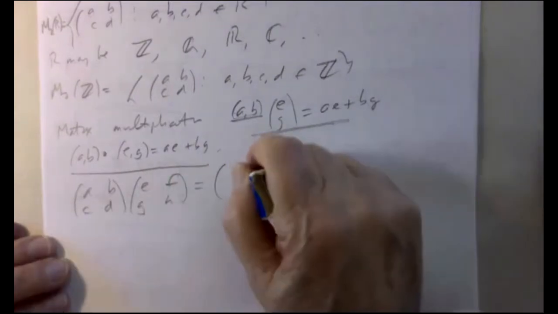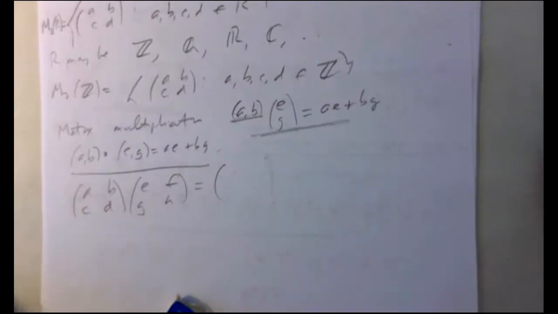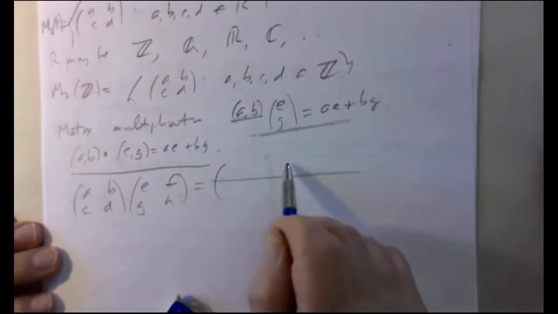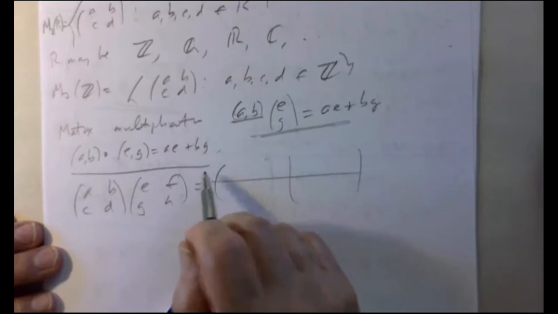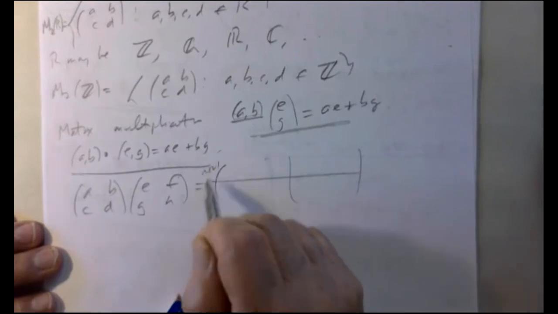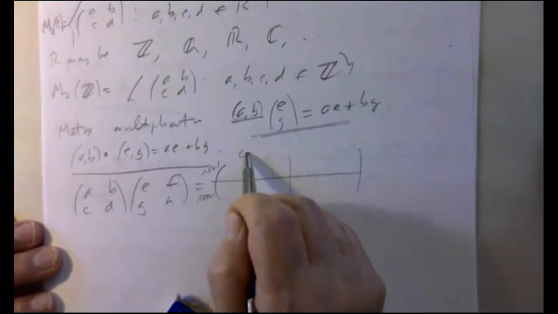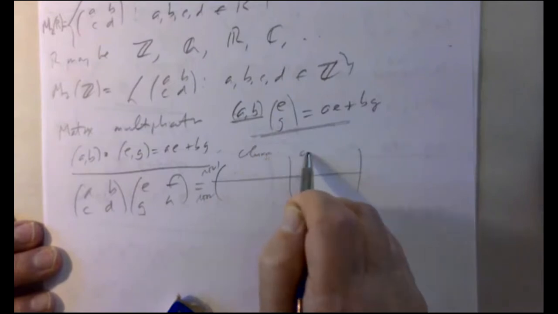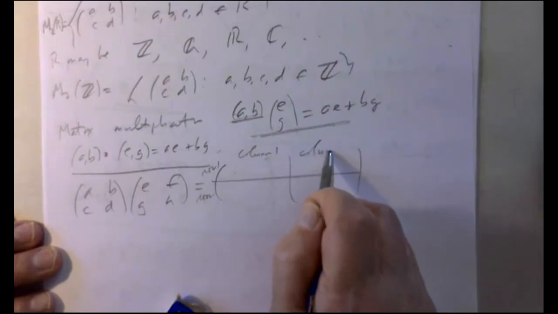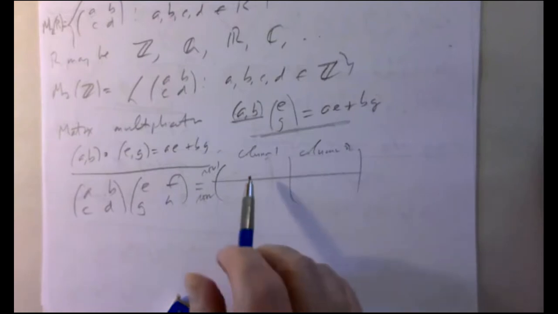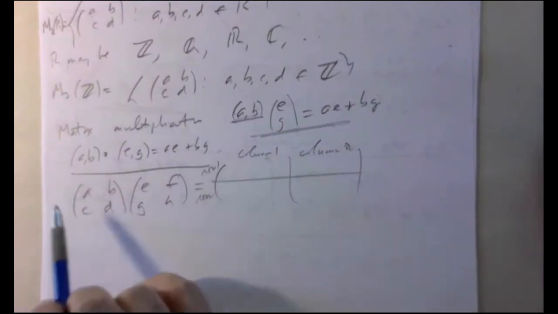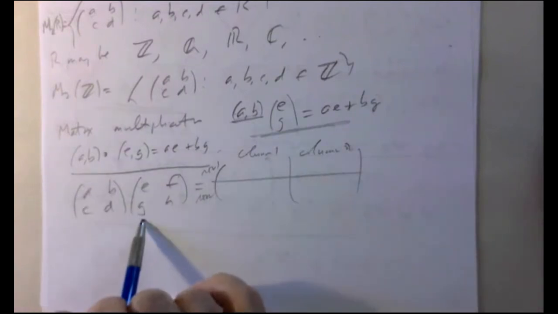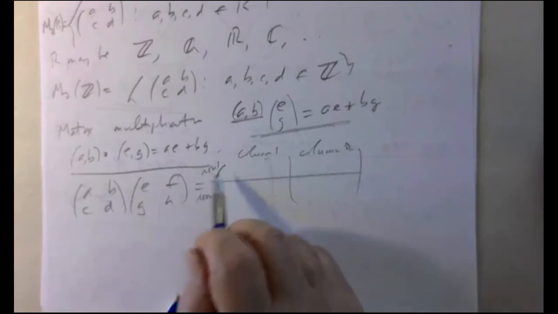So this is row 1 and row 2. This is column 1, column 2. So in row 1, column 1, I take the first row times the first column, AE plus BG.